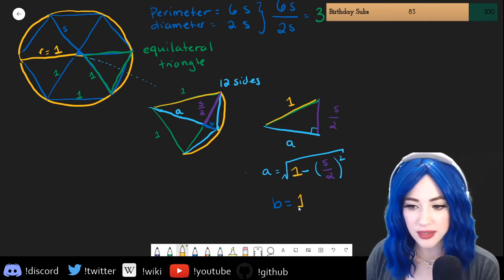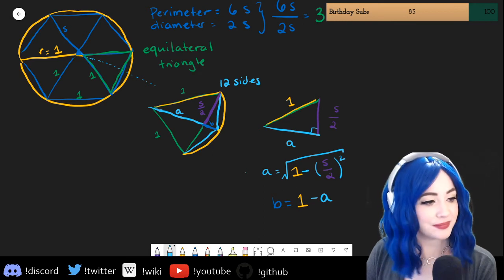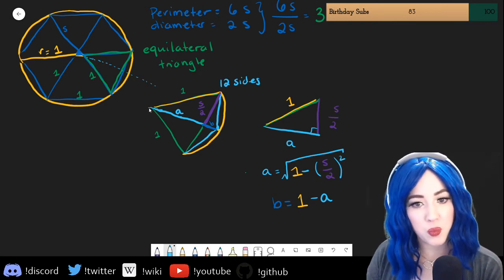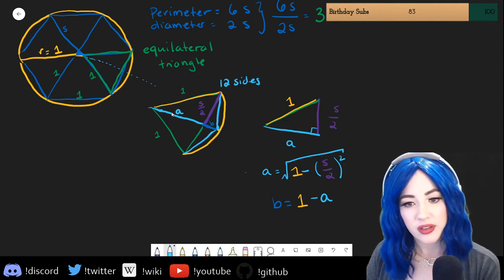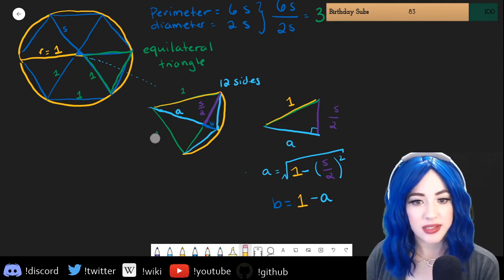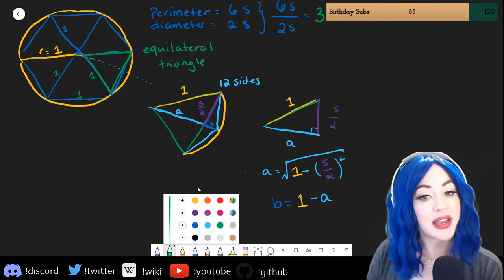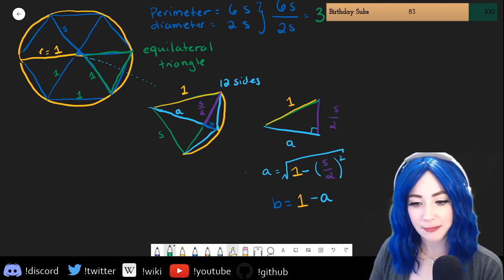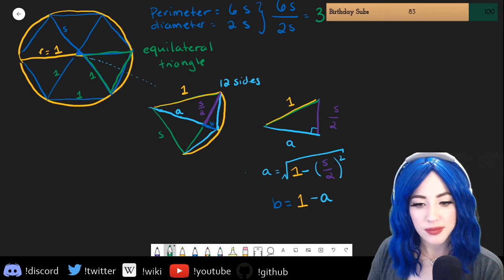And B is 1 minus A. Right, because 1 is the radius of our circle. That's not going to change. I'll be clear with my colors. Okay. So, B is 1 minus A.